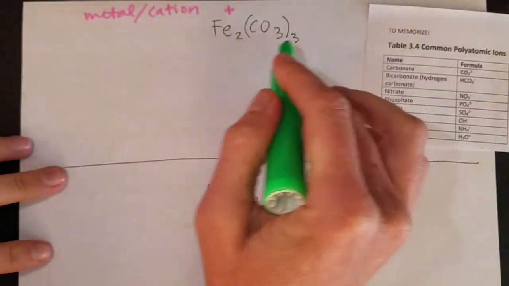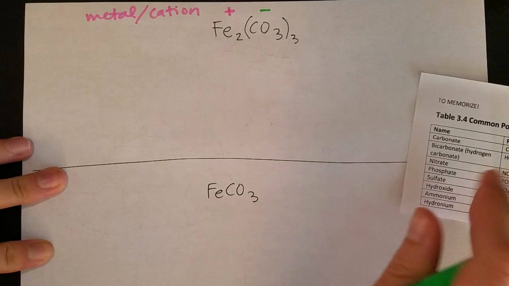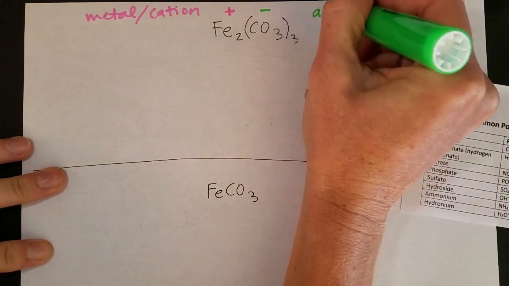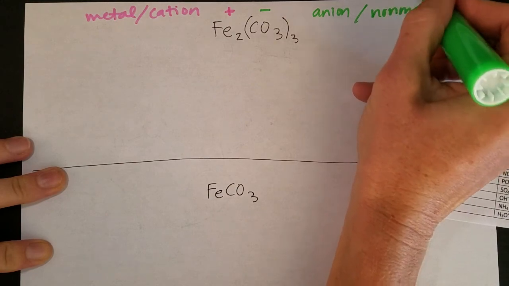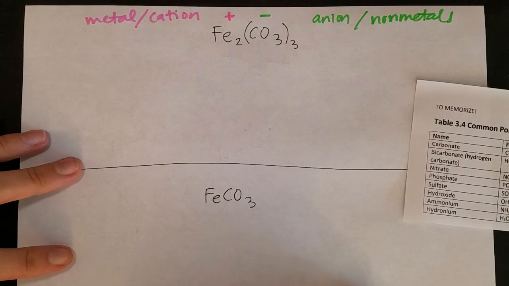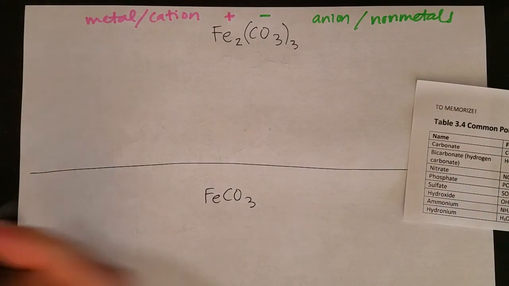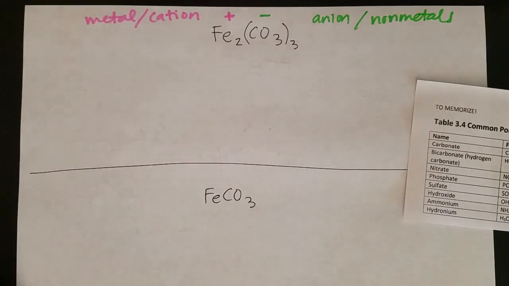In our ionic compounds, the thing that's written second always has a negative charge. That means that it is an anion, and these are going to be made up of nonmetals or polyatomic ions that are made out of nonmetals. So we always write our metals, positive ions, first and our nonmetals, negative ions, second.